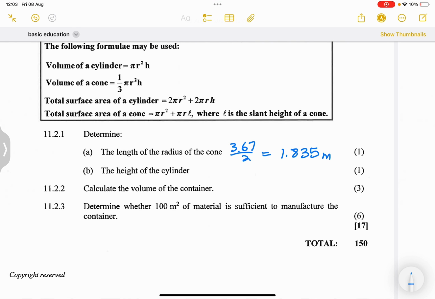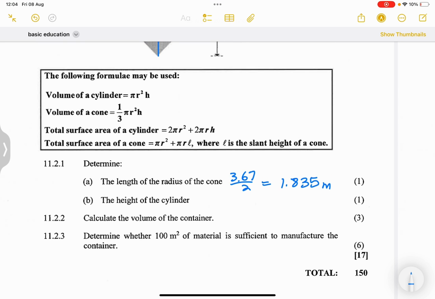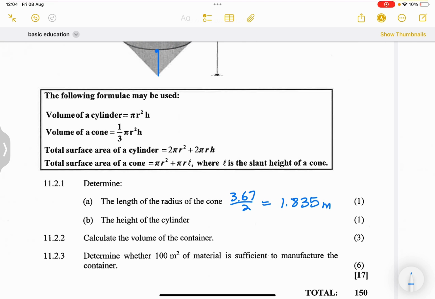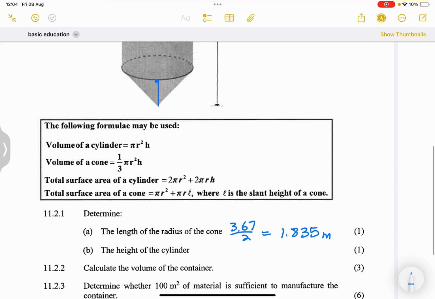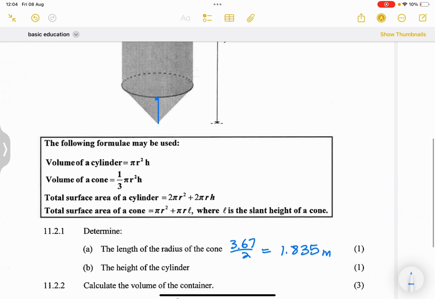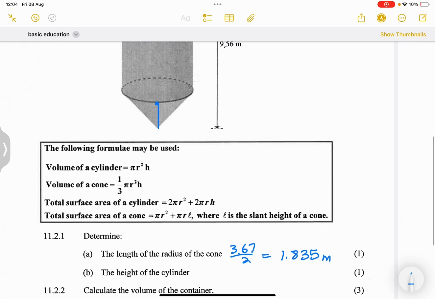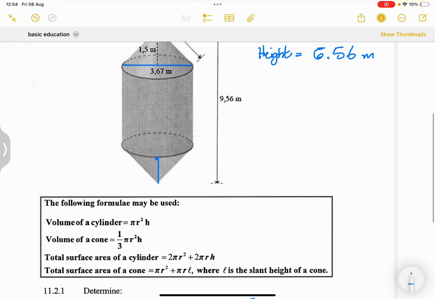Now, the next part says calculate the volume of the container, right? So in order for us to obtain the volume of the container, what we need is the volume of each of the cones together with the volume of the cylinder. And we are given all of that.